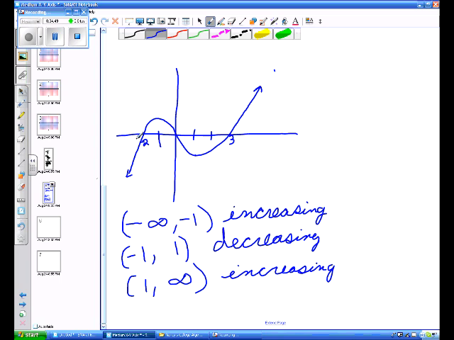So in this case, we have what we would call a relative maximum at x equals -1, and that would be the location of your relative maximum.